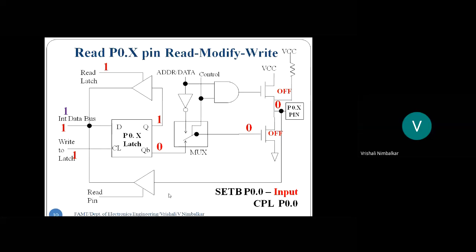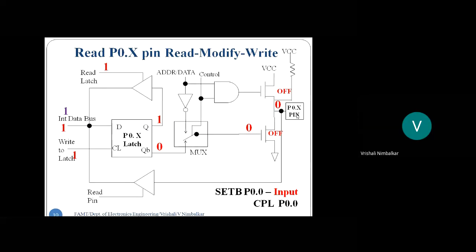Yeah? Okay, students. So many of the times, the majority of the times, we want to operate on the pin data. So if I wanted to complement the pin data, I should not do something like this. What I should do is write an instruction to take the data from the pin and save it somewhere, either in the carry flag or in bit memory.